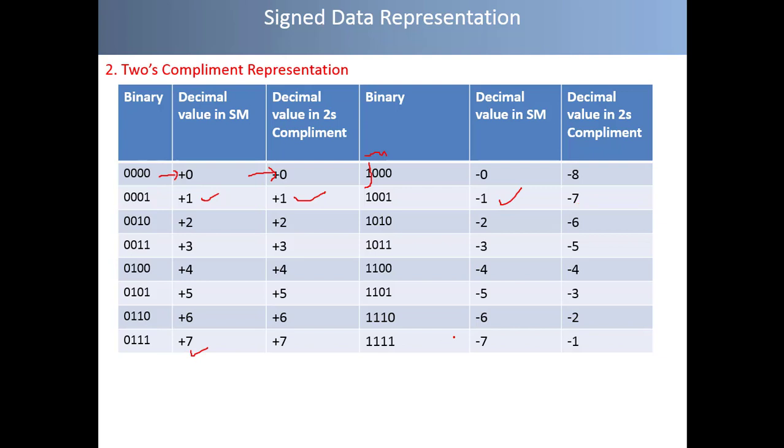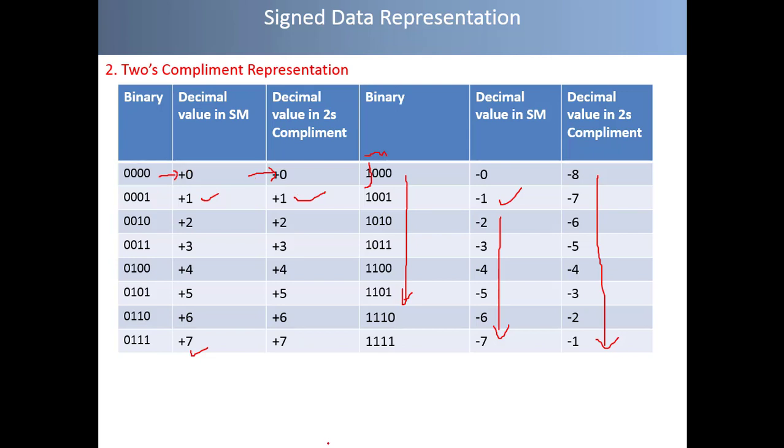So you can see that as binary values increase, the sign magnitude representation increases towards the negative side, whereas the 2's complement representation decreases towards the negative side.